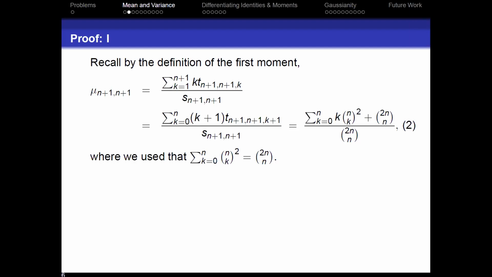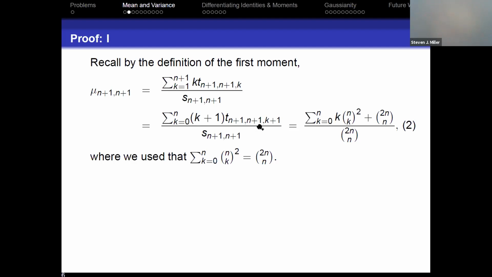Is it to keep the calculation simpler? Because the coordinate for x and y is n plus 1, so you want to change from k to k plus 1. Yes, I think that's basically it, it's just going to make things look a little bit nicer. So going from 1 to n plus 1, we're going to go from 0 to n. The k plus 1 is going to go nicely with the k plus 1 over here.